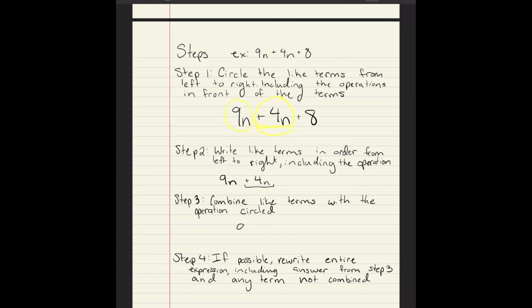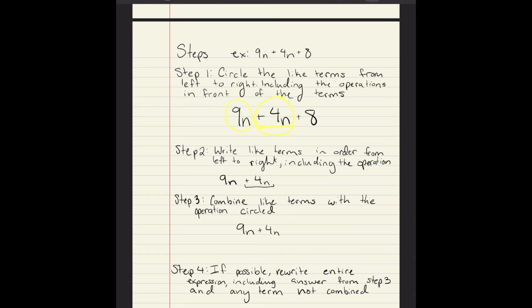Whatever operation is included will tell you how you will combine them. Step 3 is combine like terms with the operation circled. Since I circled the plus right here, I know that I'm going to be adding them. So 9n plus 4n equals 13n.